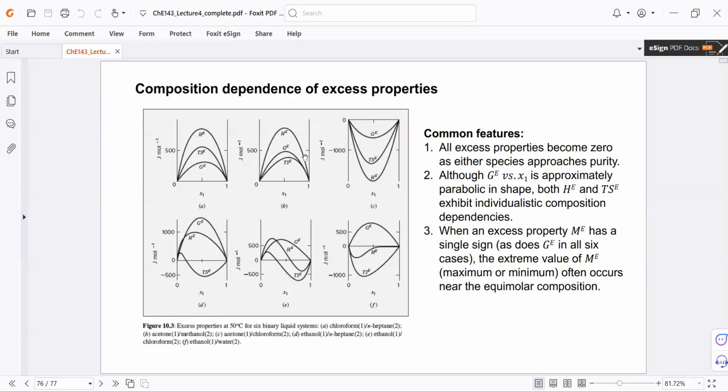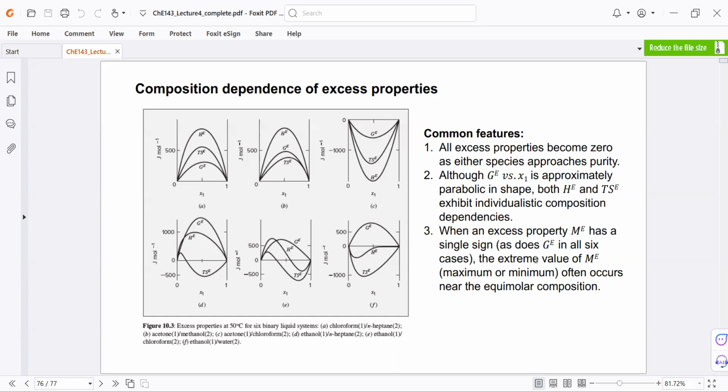If the property has a single sign, what does that mean? It just lies either in the positive y or the negative y region, above the x-axis or below the x-axis, which is true for G. As you can see, G is just either above or below, unlike H, which is above and below the x-axis.